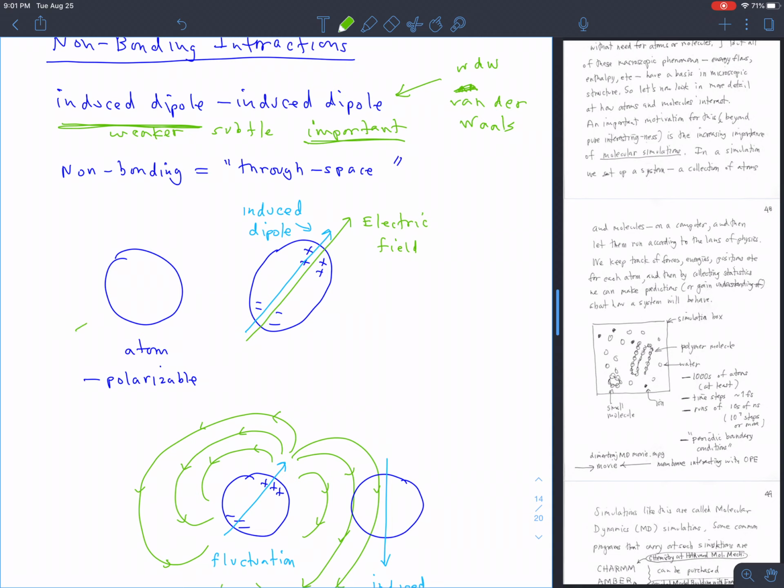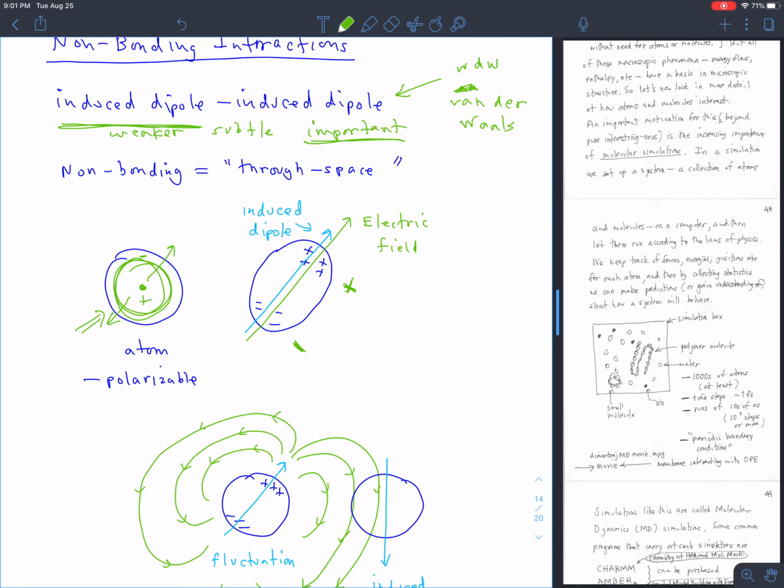Let's suppose you have an atom. It's got a nucleus, which is positively charged. It's got electrons flying around it in orbitals, which are all negatively charged. If you apply an electric field to that atom, the electric field pushes on the nucleus, pushes it this way, and pulls on the electrons the opposite way, and the net result is that you get a slightly positive end of the atom and a slightly negative end of the atom.